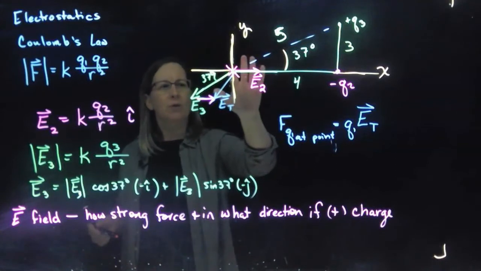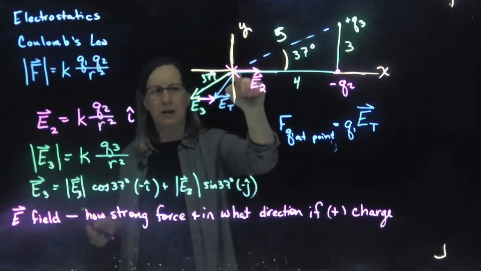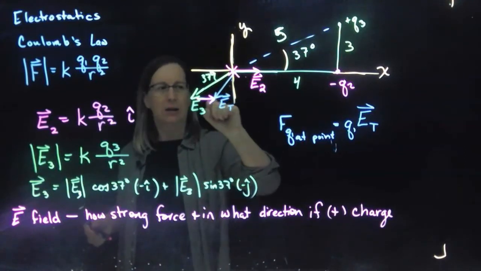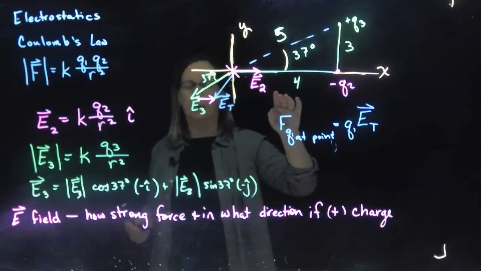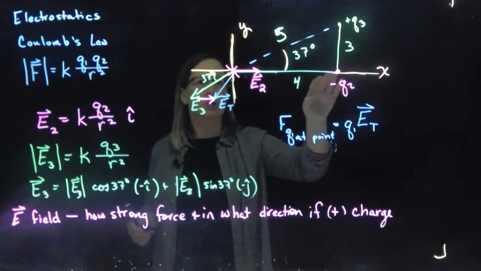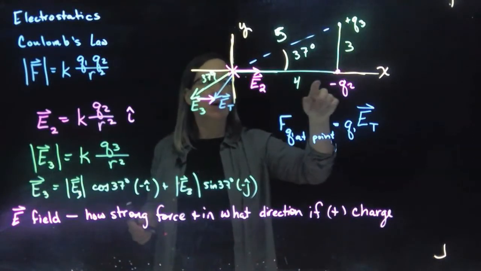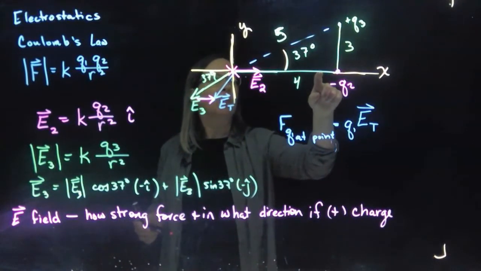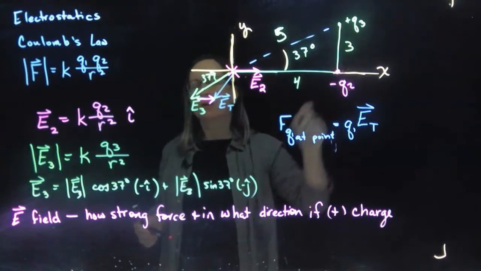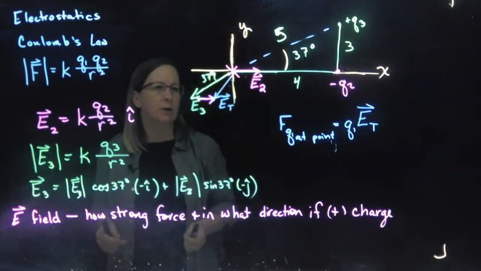But the electric field right here points down. If this is a big charge compared to this one, it points down like this. If we're asking what is the electric field closer over here, it might point more in the x direction and less down, because we would see more of an effect from this bottom charge right there.